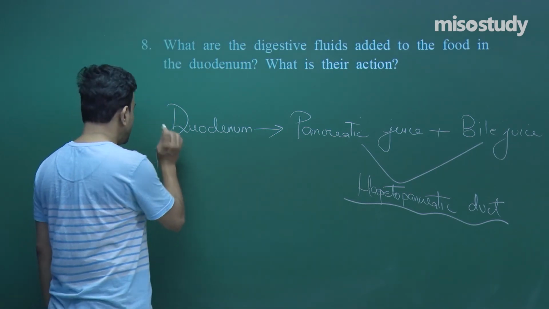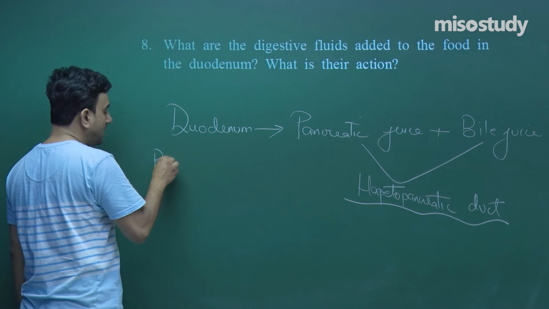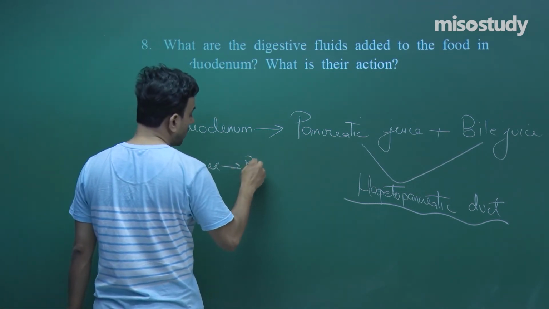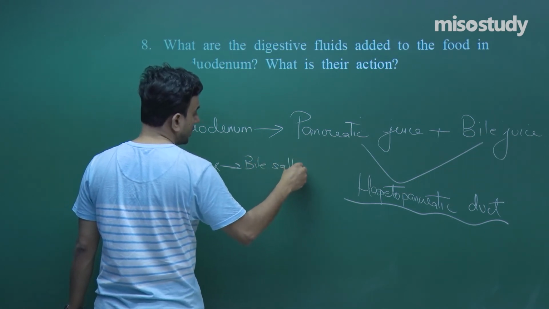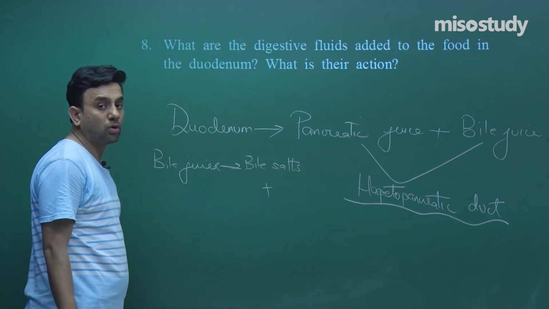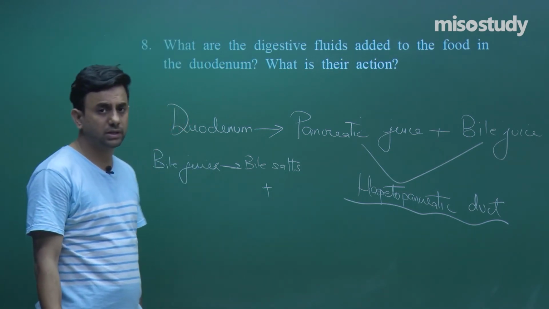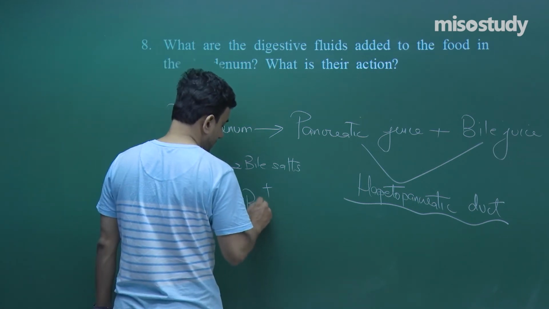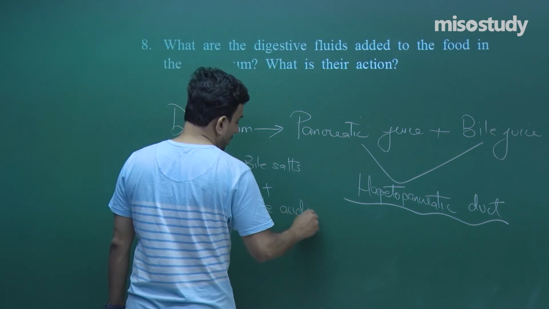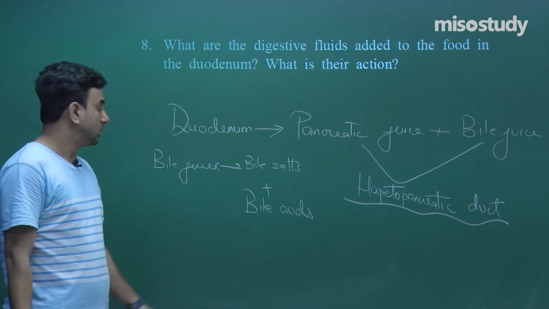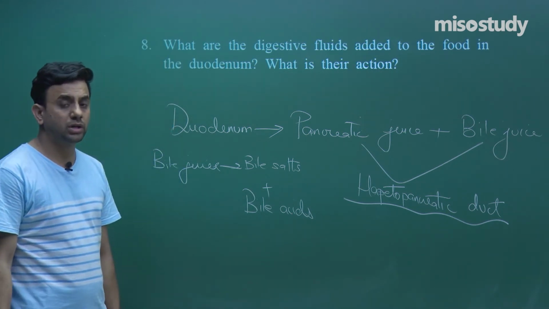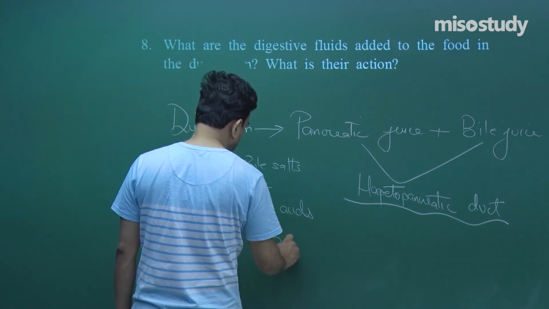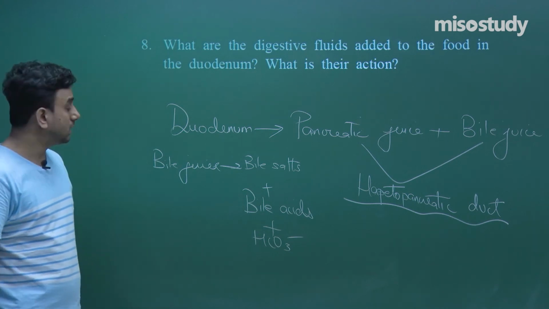The bile juice will be having the bile salts, which include sodium glycocholate and sodium taurocholate, and the bile acids, the deoxycholic acid, the chenodeoxycholic acid, as well as the bicarbonate, which will increase the alkalinity.